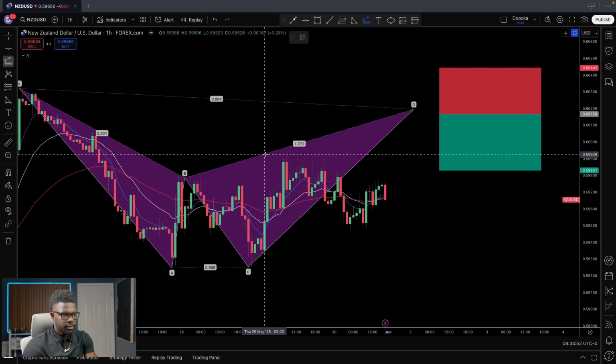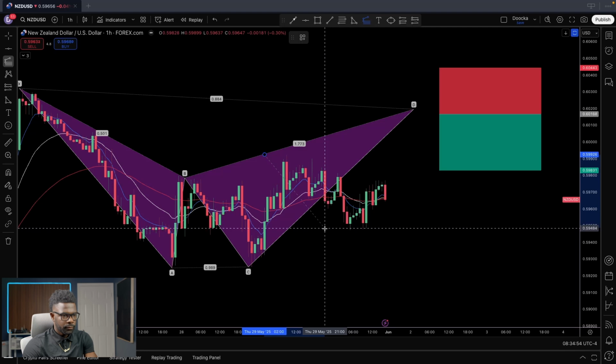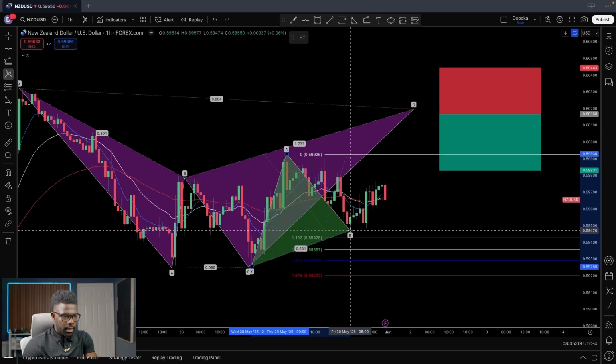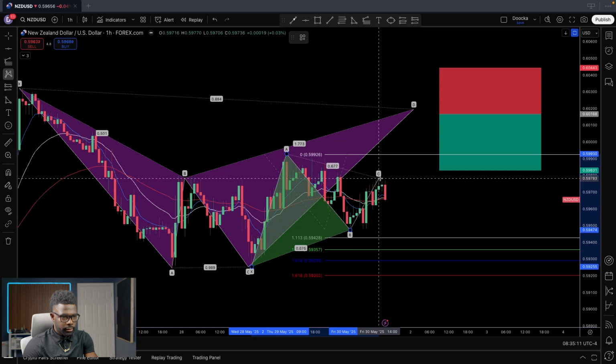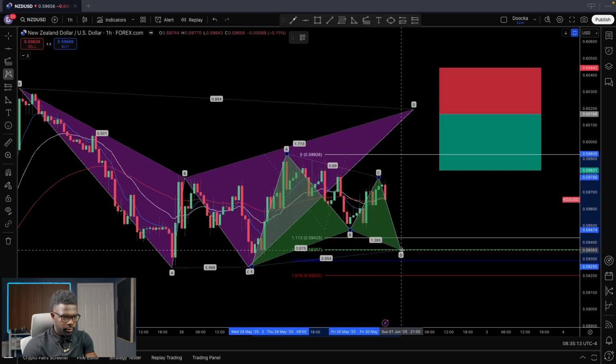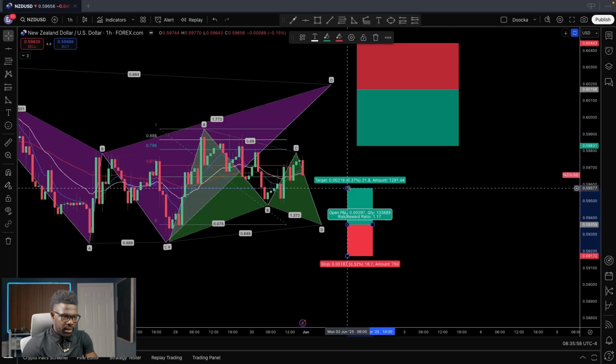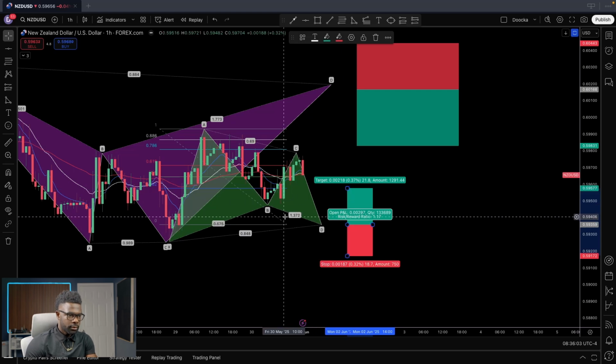So 127 extension from A to B would put us at this here. So this would be your Gartley pattern. In that scenario, we have a 1.1 to 1 risk reward ratio.